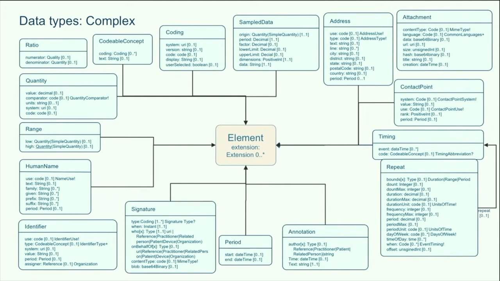So if you look at a codable concept, you can see that a codable concept has got a coding element, and that coding element is itself of data type coding, that guy there, and you can see that it's naught to many. In other words, you can have multiple codings inside of a codable concept. I'm going to talk about that one in just a second more. And notice, however, there's also a string element in codable concept. And then the other ones are that we've got address, we've got attachment, and so on and so forth.